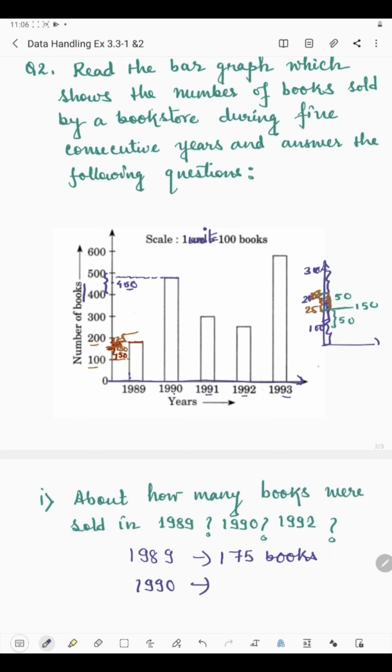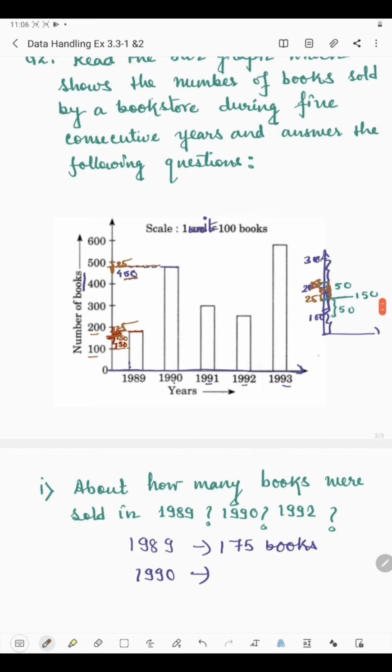Now half of this is half of 50, that means 25. So 450 plus 25 is 475. This bar graph is showing up to this, so this much is 25. So we will write 475 books were sold in 1990.